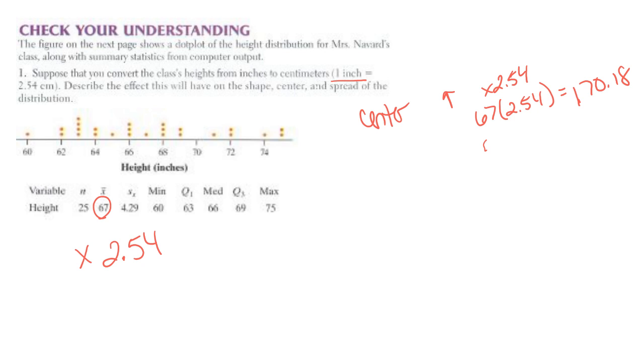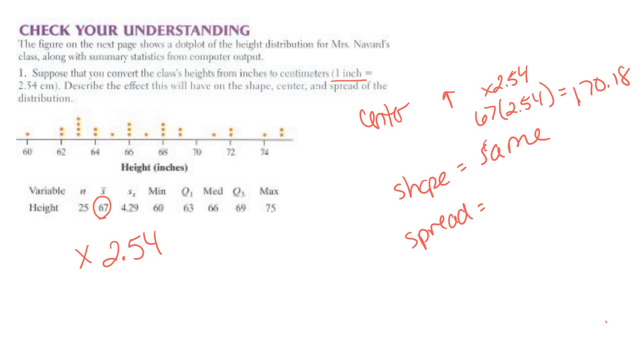170.18. If we look at our shape, remember, shape isn't affected by either one, so our shape would end up staying the same. It's not affected by adding, subtracting, dividing, or multiplying by a constant. Our spread is affected by multiplication and division.